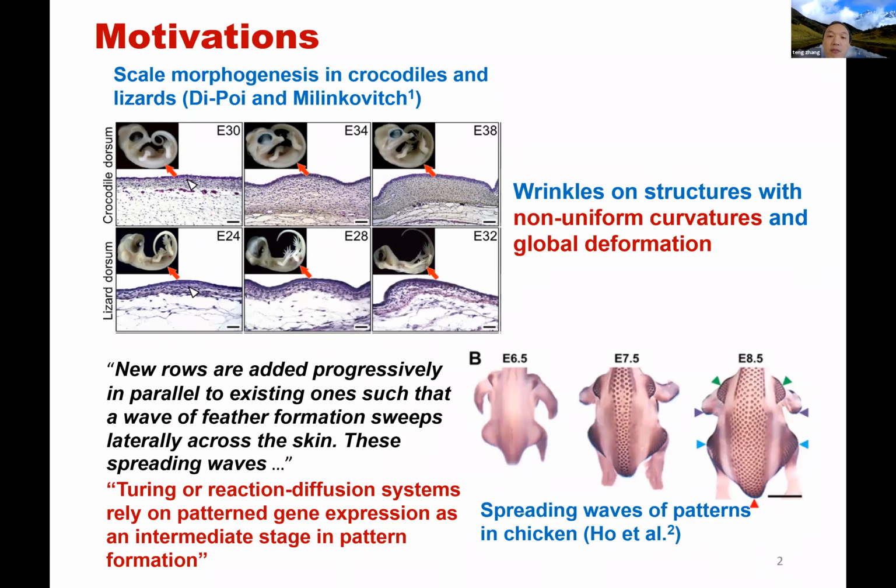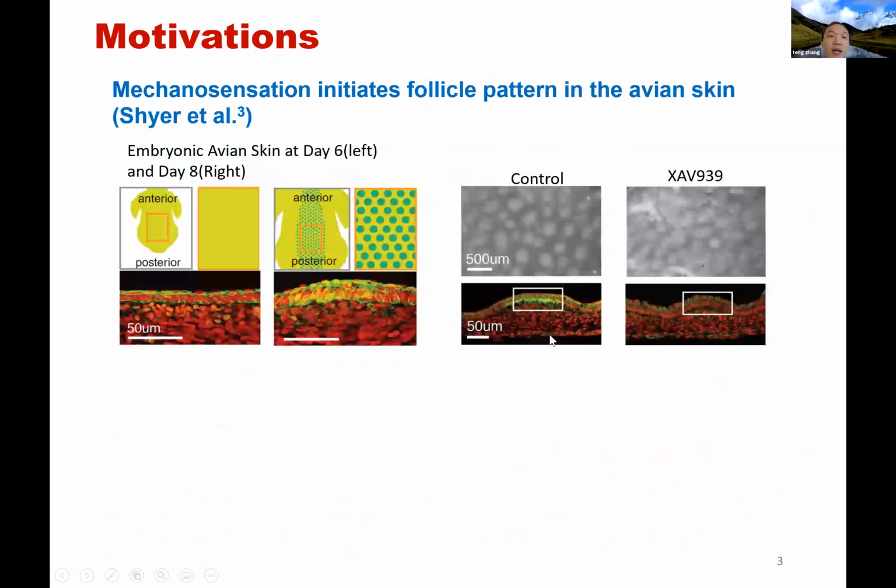Basically, you can form a coupled diffusion equation, and the gene expression will cause the chemical concentration to change. Then you will see some pattern. This is one explanation. Recently there is one paper in Science, and they also use chicken as a model. You can see that they also observe the pattern, so that's kind of universal.